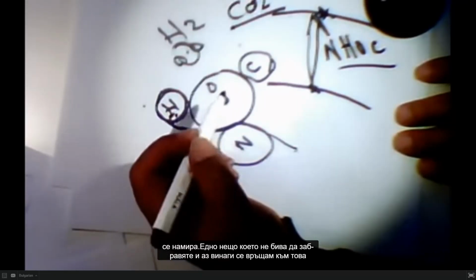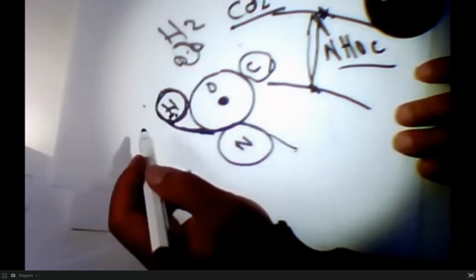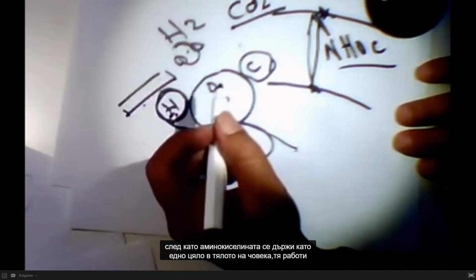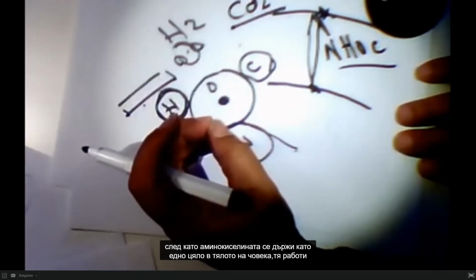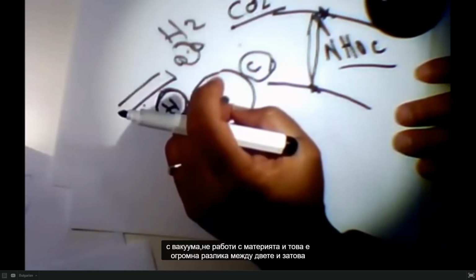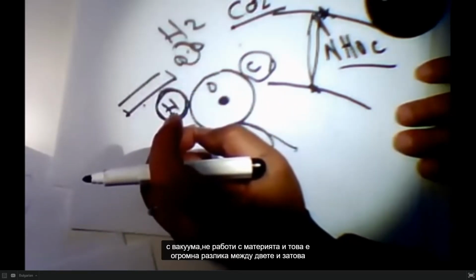One thing don't forget, which is essential, and I keep going back to it. Once amino acid behaves as an entity, like in the body of man, it operates on the vacuum. It doesn't operate on the matter. And it's a huge difference between the two.